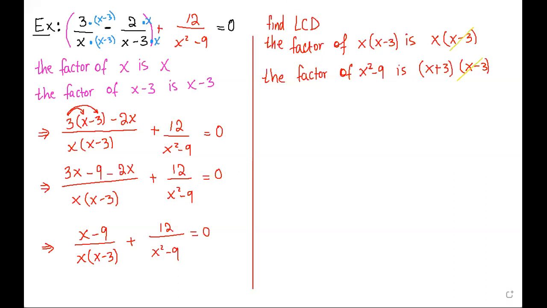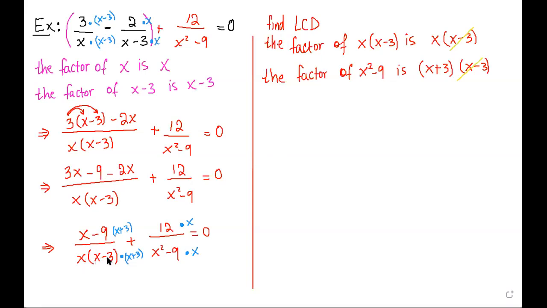So go back again, we multiply this one by x plus 3, here times x plus 3. We multiply this one by only x. So what I have now is one fraction, because the denominators are equal.